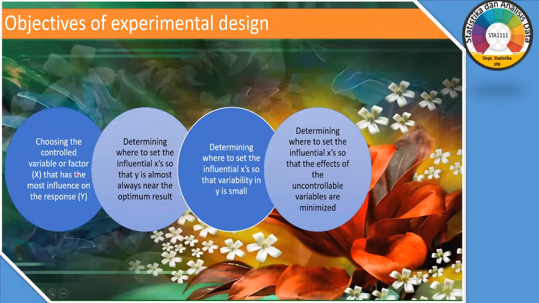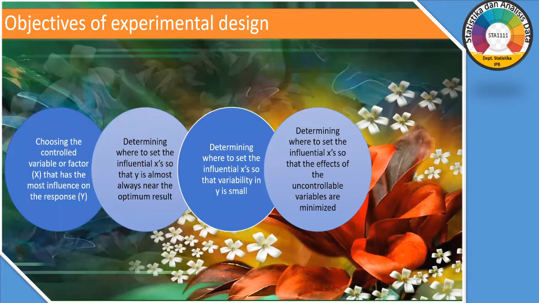So you can see the difference. Here the first objective is to select the most influential X, right? But on the most influential X, we can have the optimum setting, the optimum value.